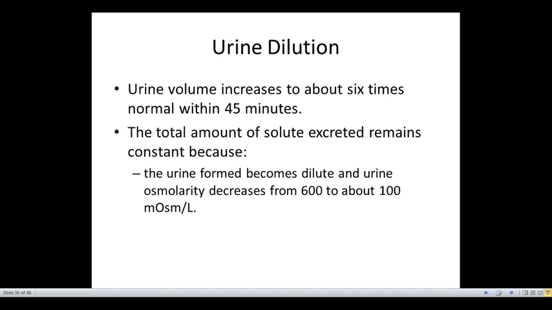The total amount of solute excreted remains constant because the urine formed becomes dilute and urine osmolarity decreases from 600 to about 100 milliosmoles per liter.